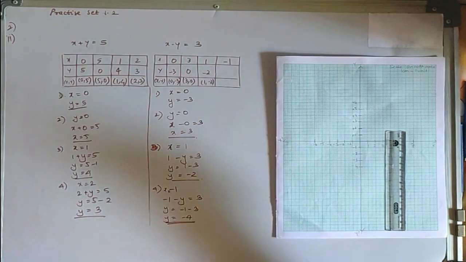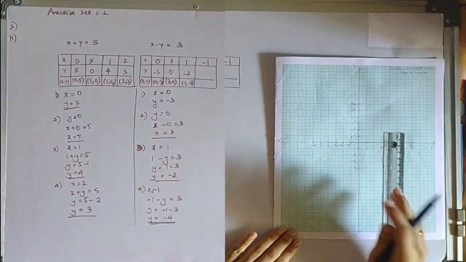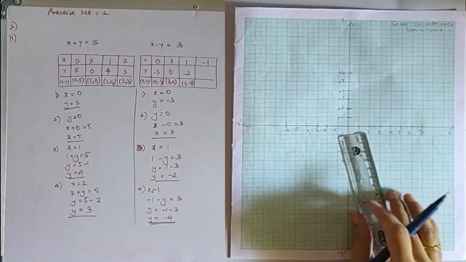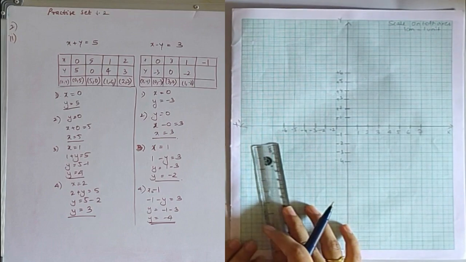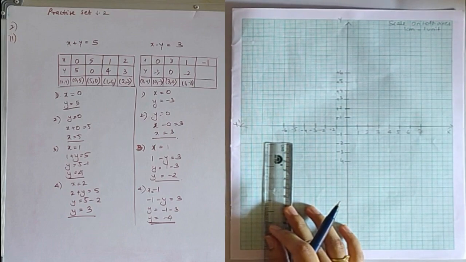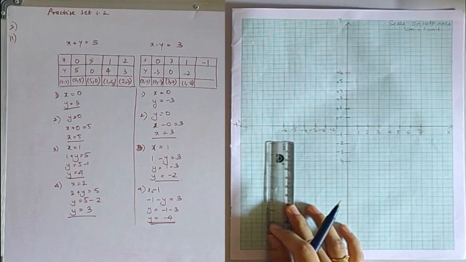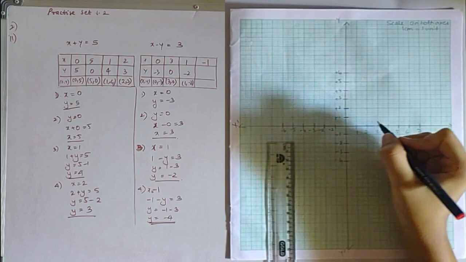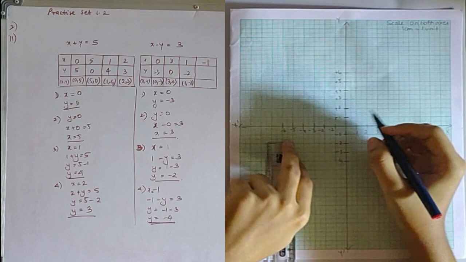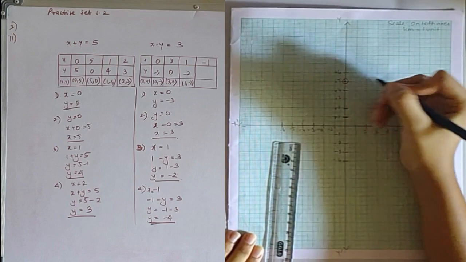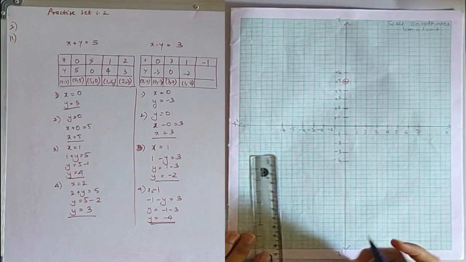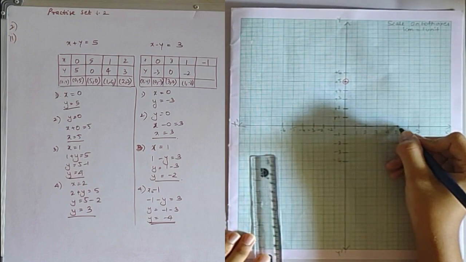Now let's go and plot these lines on the graph. x is equal to 5. So 0, 5. I mean y is equal to 5. So 0, 5. So 5 will be on the y-axis. Fine. Next, 5, 0.